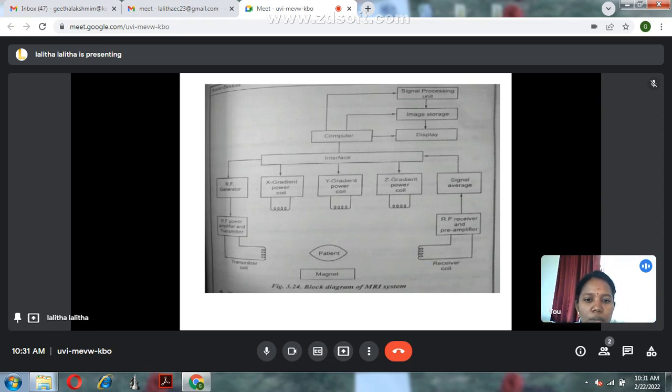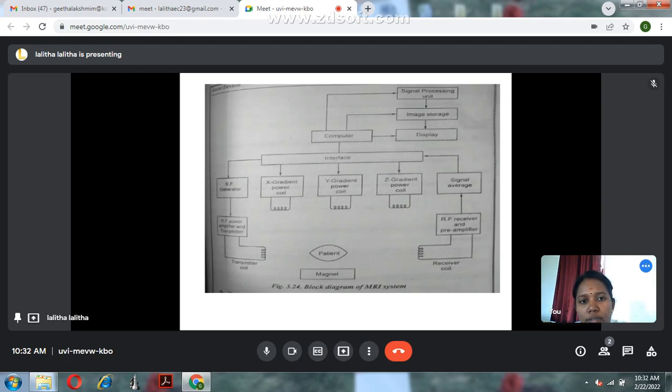The patient and magnet are placed together, and the signal is transmitted through the transmitter coil and received by the receiver coil. The receiver coil produces the signal, which is amplified and connected to the signal averager, and this makes the connection between the interface and the computer.